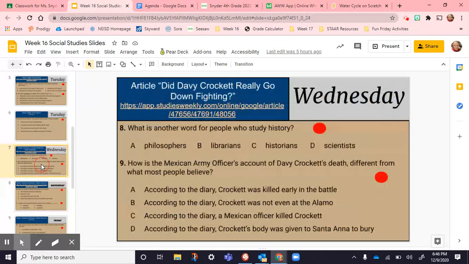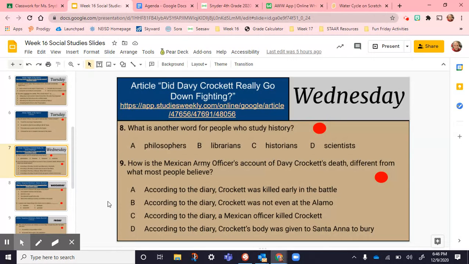So this first one with Davy Crockett, it was talking about how there's this last question. There's a diary that was found that said how he died might not be what exactly happened.